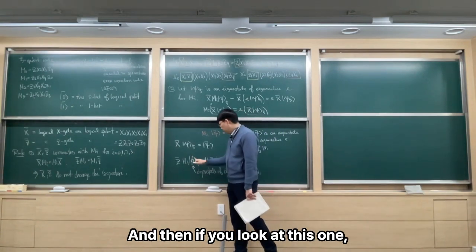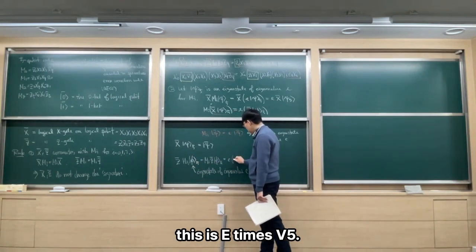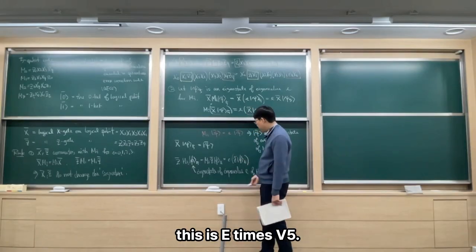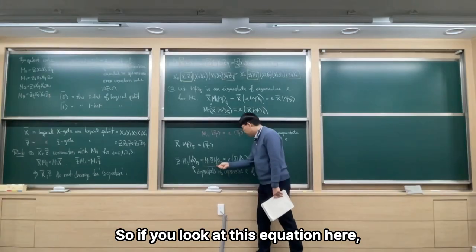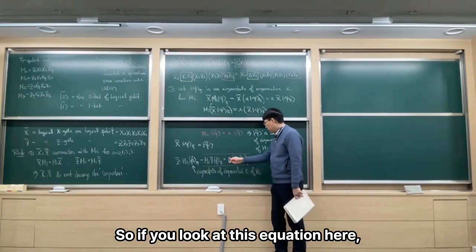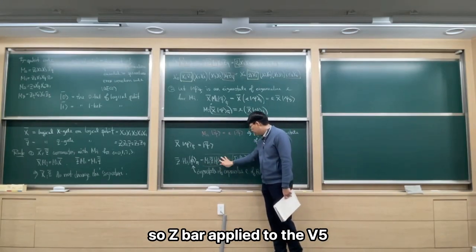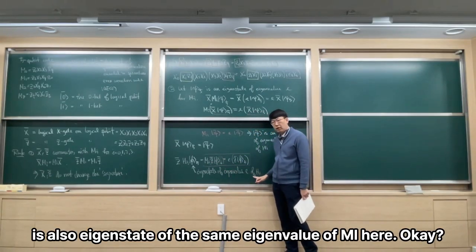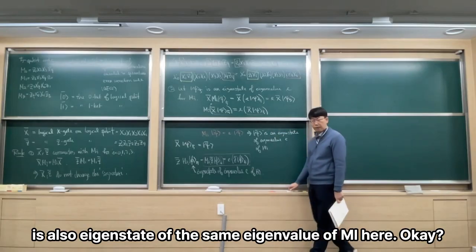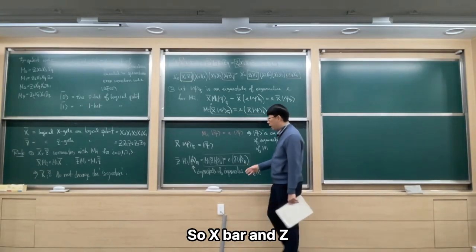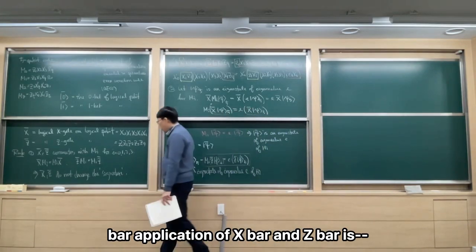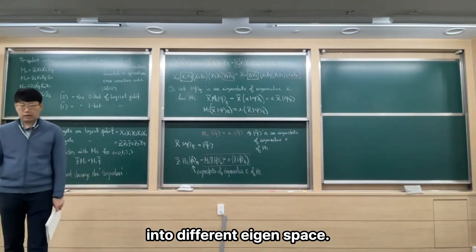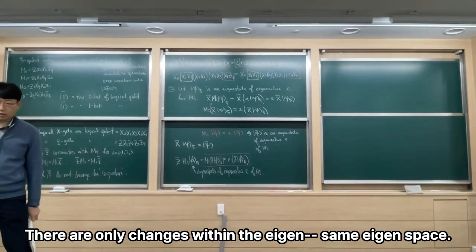And then if you look at this one, this is E times phi 5. So if you look at this equation here, z bar applied to phi 5 is also an eigenstate of the same eigenvalue of Mi. Okay? So application of x bar and z bar does not change your quantum state into a different eigenspace. There are only changes within the same eigenspace.